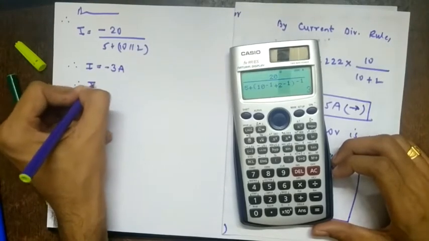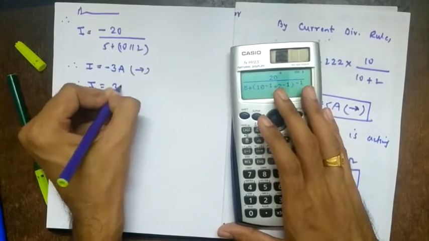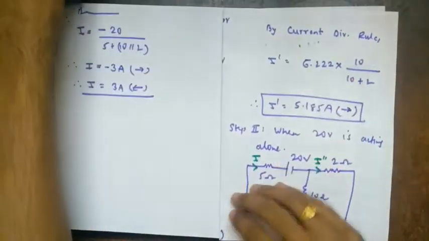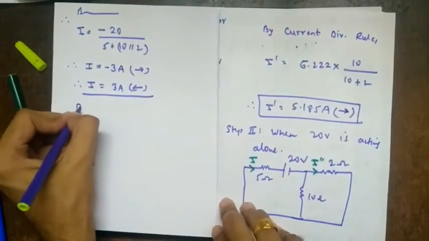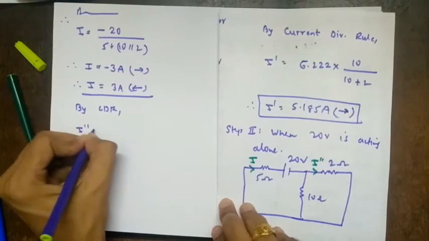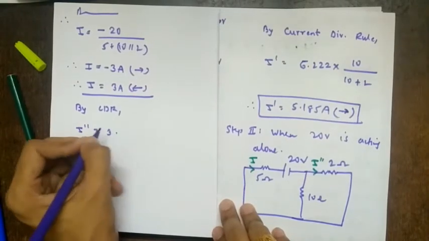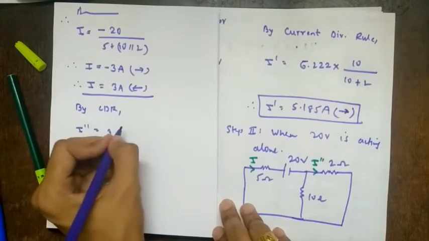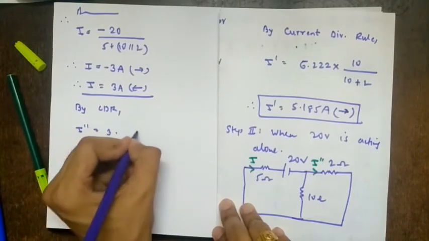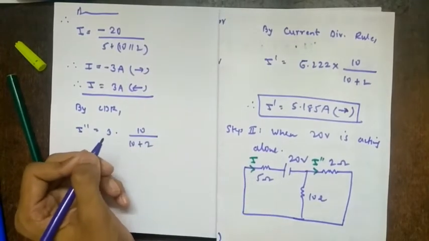So therefore 3 amperes going the opposite way, right? So then what will be I prime? So we can write by CDR, current division rule. So total current, which is 3 amperes into parallel resistance 10 upon 10 plus 2, right?